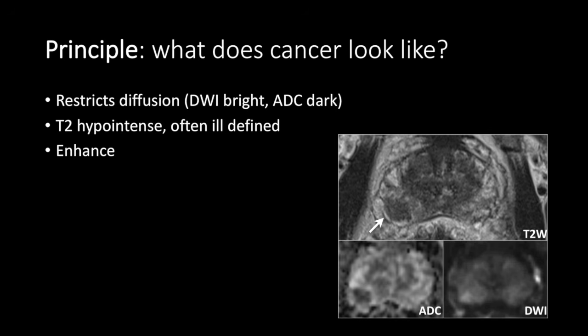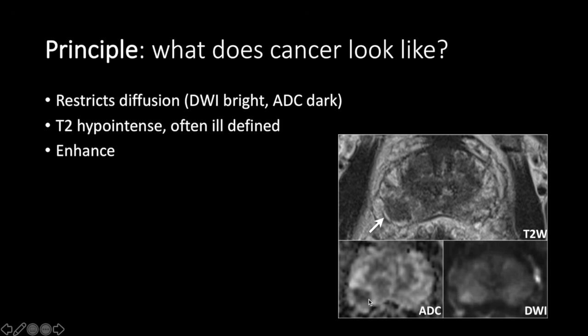They're generally going to be homogeneously T2 hypointense, and with gadolinium, they're going to enhance. So this is an example of a cancer. So you have your T2-weighted image here, you have your ADC map and your DWI, and we have a cancer here that is hyperintense on the high B-value DWI and hypointense on the ADC map.